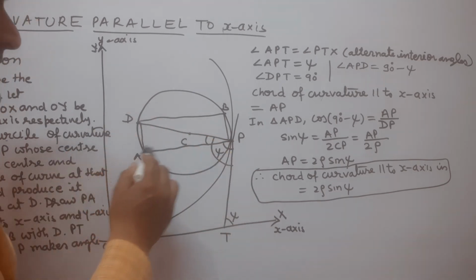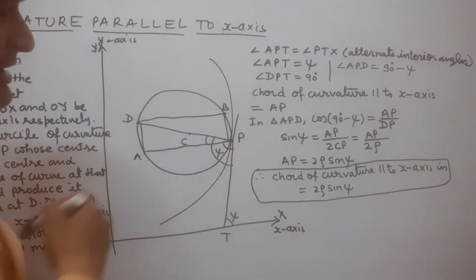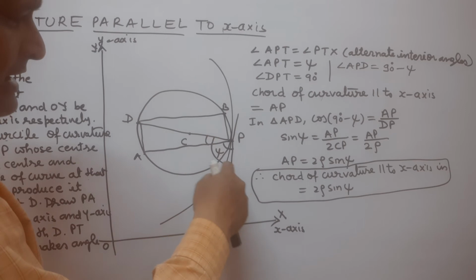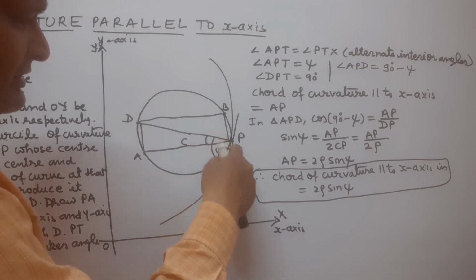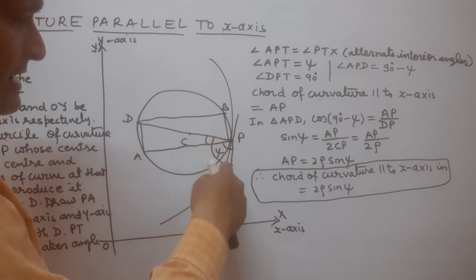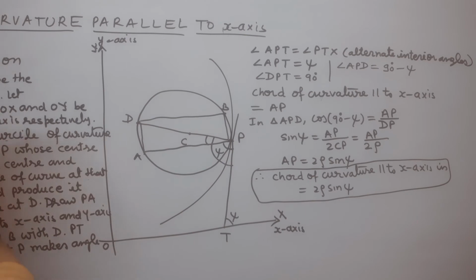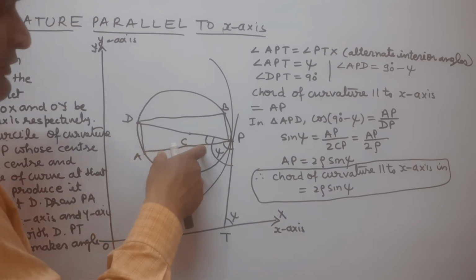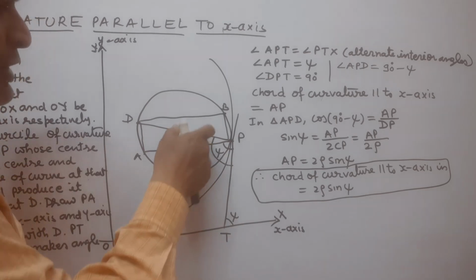Now we find here APD, so APD is 90 minus psi, because this whole angle is 90 and this angle is psi. When we subtract psi from 90 degrees, we get 90 minus psi, that is angle APD. Now we find AP, so cos 90 minus psi is equal to base upon hypotenuse.